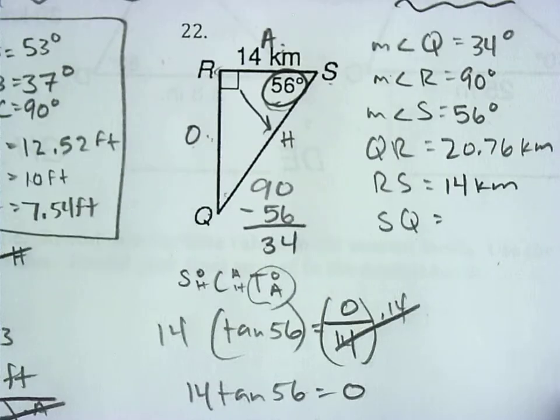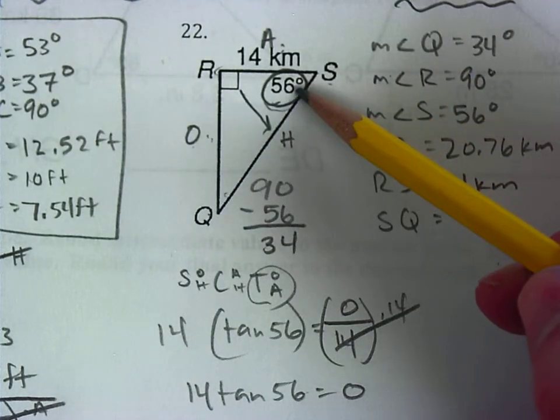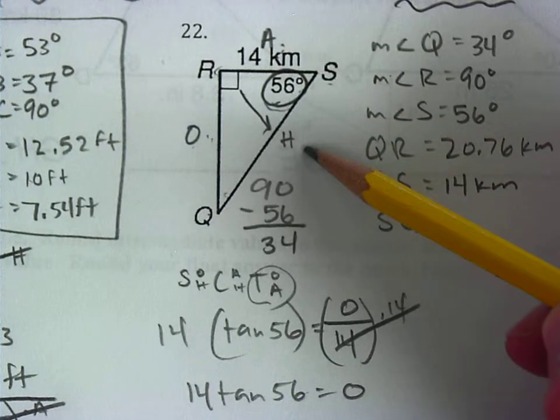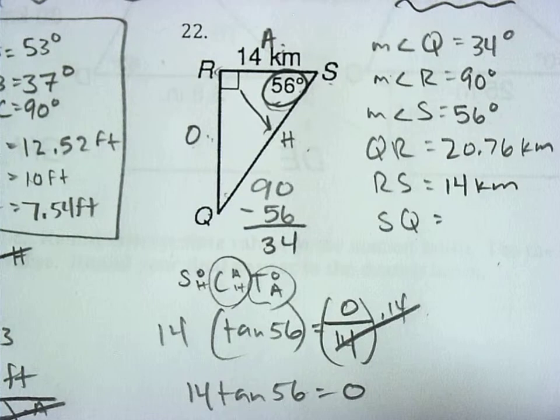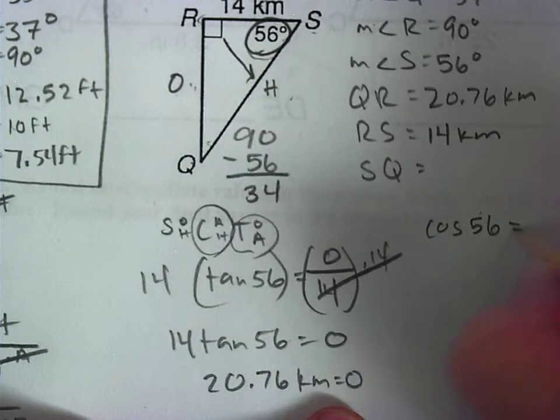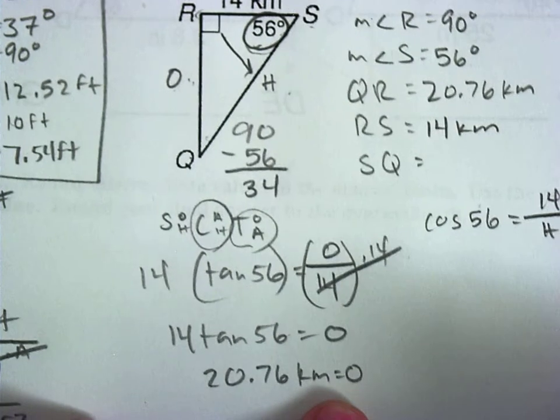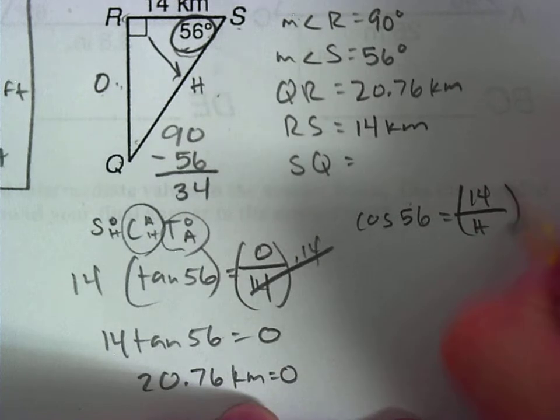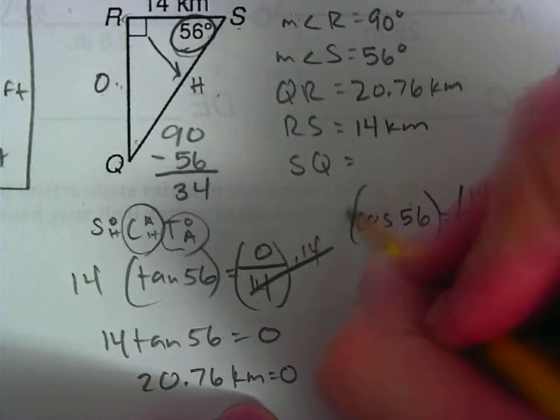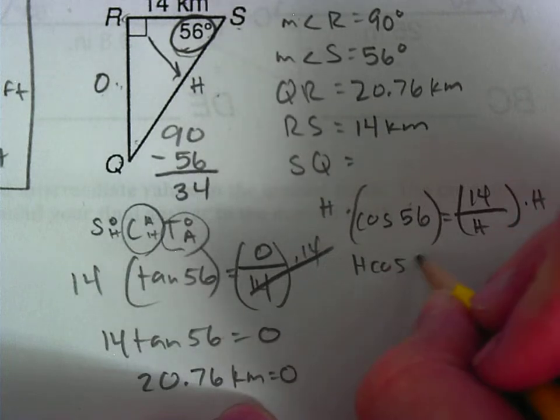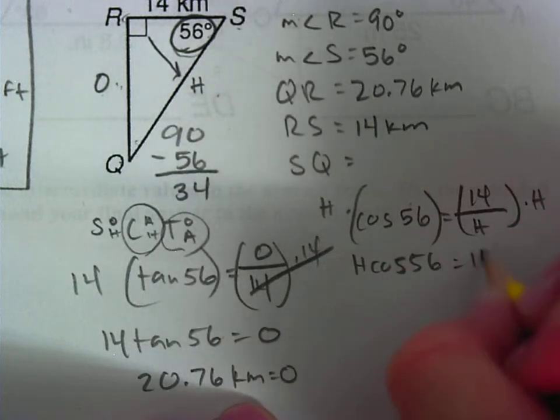Now if we want to solve for H, well, we take this angle, 56, we have A and H, that's cosine. So we're going to do the cosine of 56 equals A, which is 14, over the variable H. So now we just times by the denominator on both sides. H cosine of 56 equals 14.